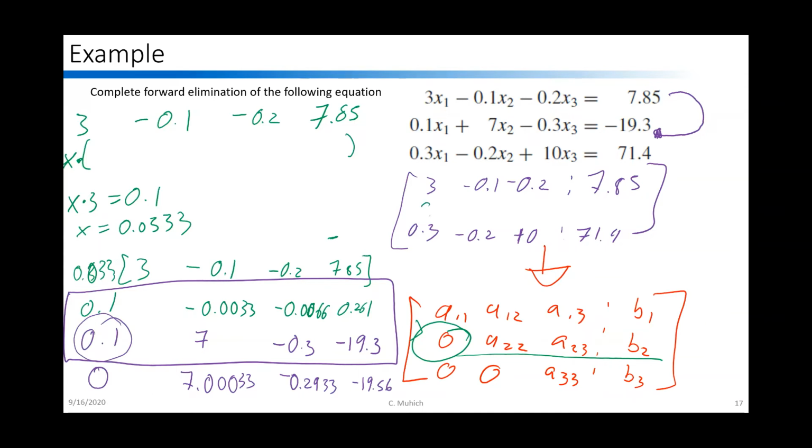So now I have a 0 here, 7.0003, negative 0.2933, and negative 19.56. So I've now replaced that second row with the subtracted value between the first row and the second row.